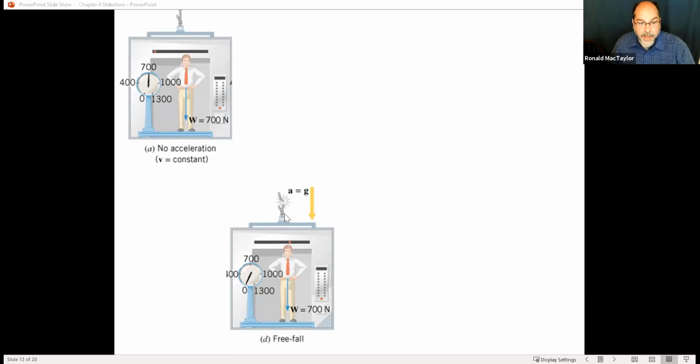When the cable snaps, the whole elevator car, including the floor, is falling downward with an acceleration of 9.8 meters per second squared. You too are falling downward with an acceleration of 9.8 meters per second squared.